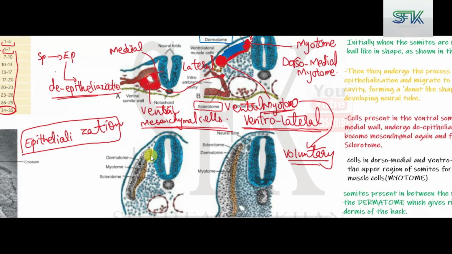As shown over here in this diagram, this grayish region represents the dermatome, and these cells over here represent the migrated myotomal cells. Now this structure that is made, this component that contains both the dermatome and the myotome, is known as the dermomyotome.